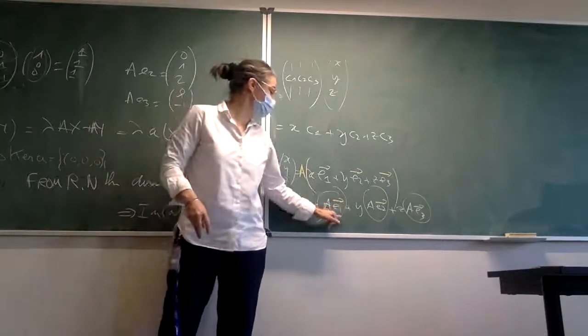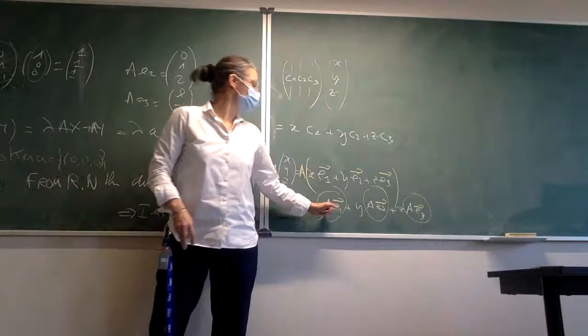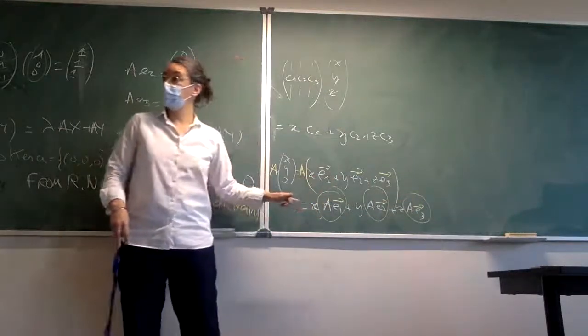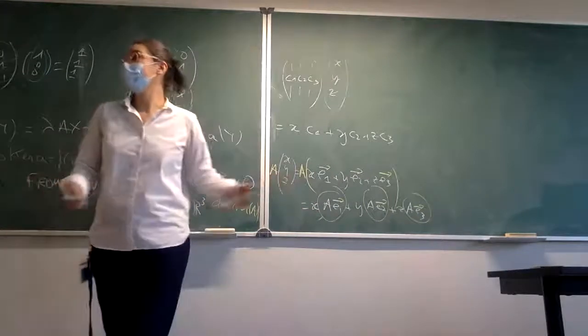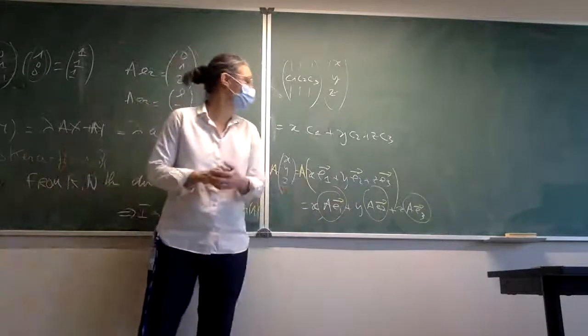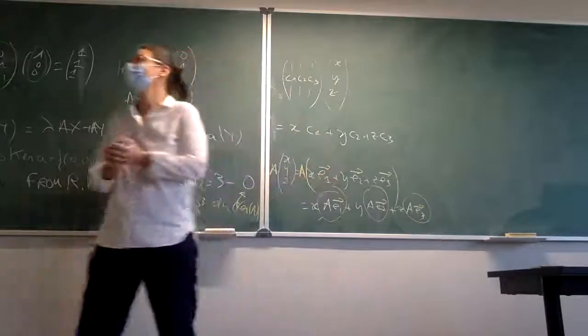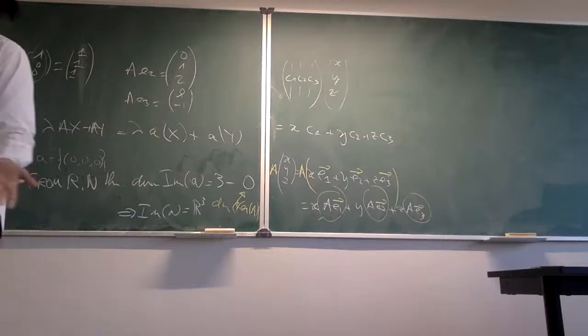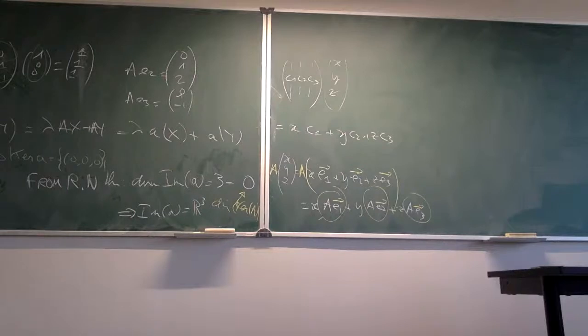So all the linear combinations I can make with A of E1, A of E2, A of E3, that's how it's written. That's the span of these, and these are the columns of my matrix. And you get back to the first definition we had, the image as the column space. It has the name column space because it's all the things you can create by taking linear combinations of the columns.